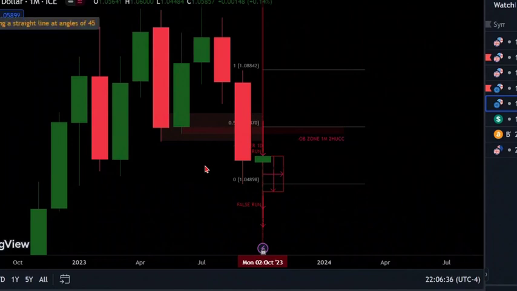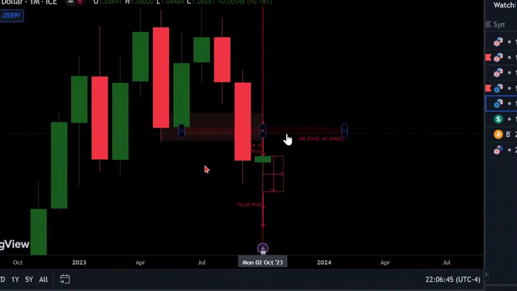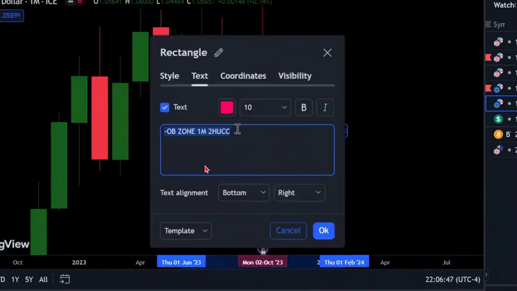Just type in opening price. Now go back to bearish order block. Now click on text and type in highest up close candle and 50% of monthly bearish candle.